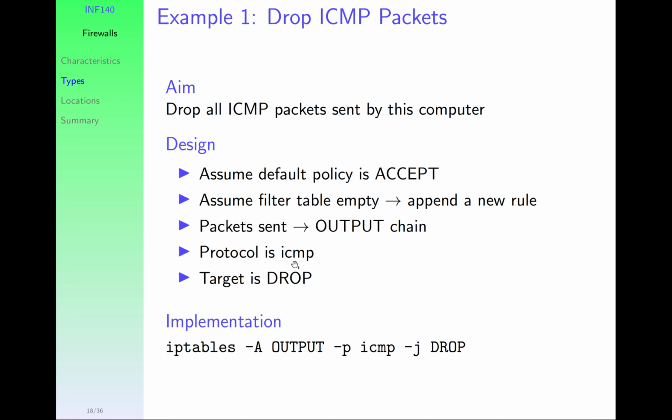The protocol is ICMP. The target is DROP. With this design, we have this implementation: iptables -A OUTPUT -p icmp -j DROP. That is, append to the OUTPUT chain with the protocol ICMP, and the action to be taken is drop. That's it.